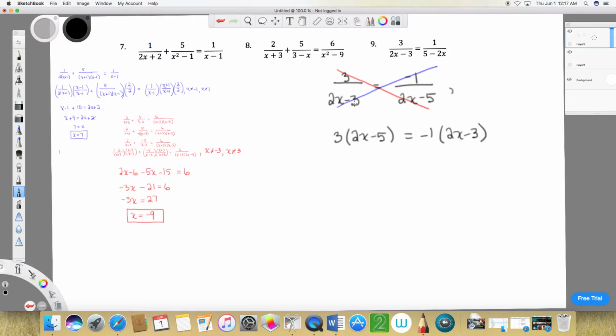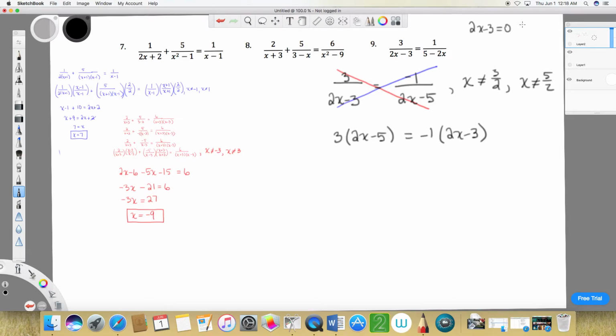I do want to make some notation here, though, that this 2x minus 3, I can't let x be 3 halves because that would cause division by 0. Here at 2x minus 5, I can't let x be 5 halves because that would cause division by 0. Now, how did I get those? I just took the 2x minus 3, set it equal to 0, and solved.